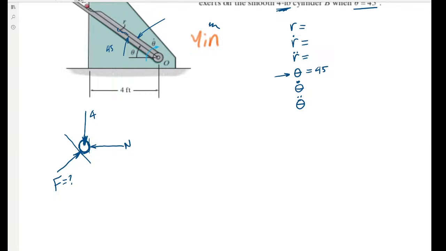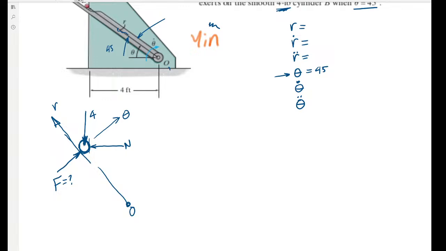So, of course, back down this way, this is part of the problem that I do not like here. This is the location O. So you have an R coordinate and you have your theta coordinate.